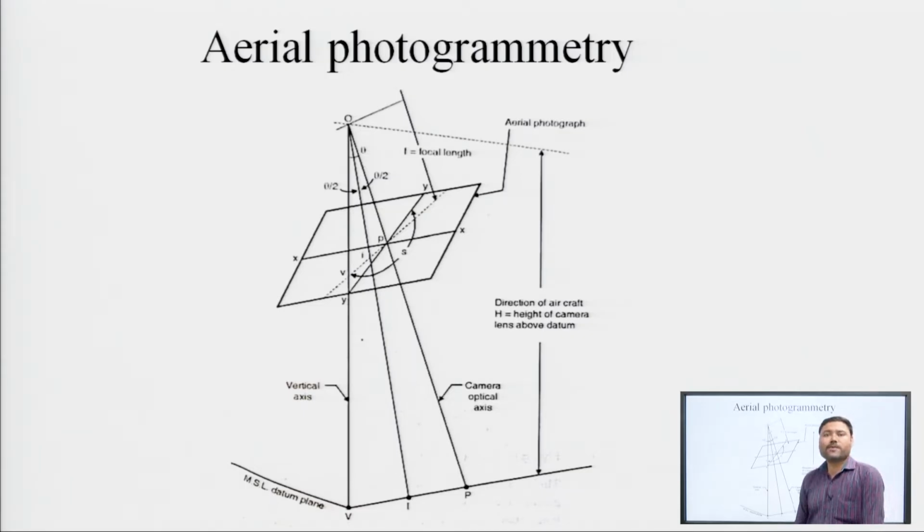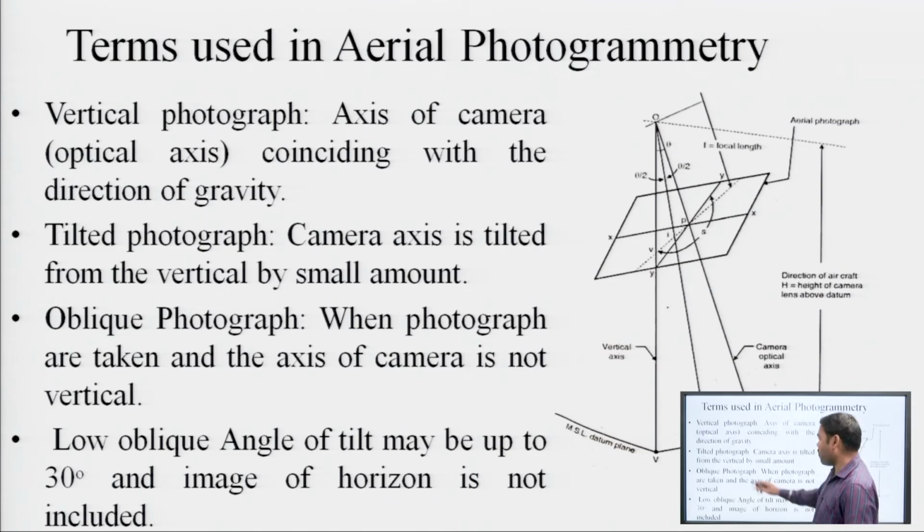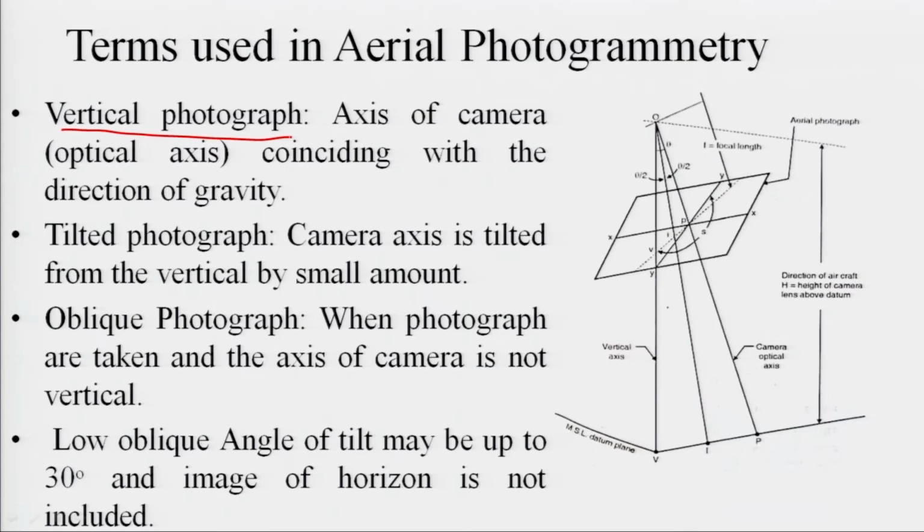Now, talking about some important terms used in aerial photogrammetry. First of all, vertical photograph. In this type of photograph, the camera axis, also known as the optical axis, coincides with the direction of gravity.